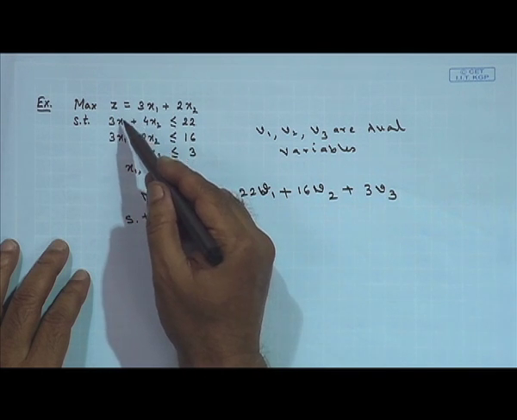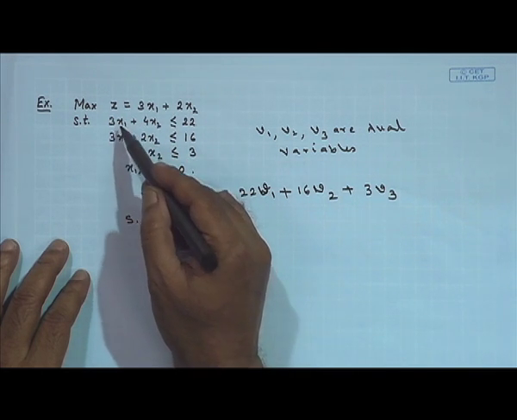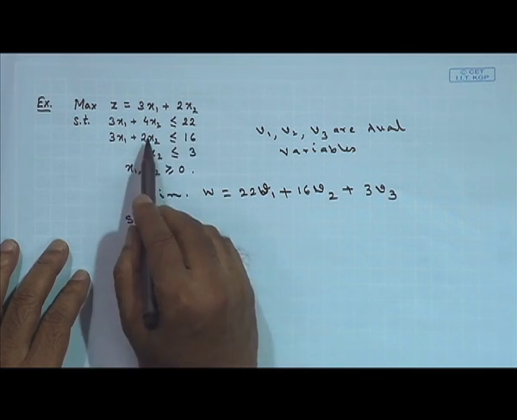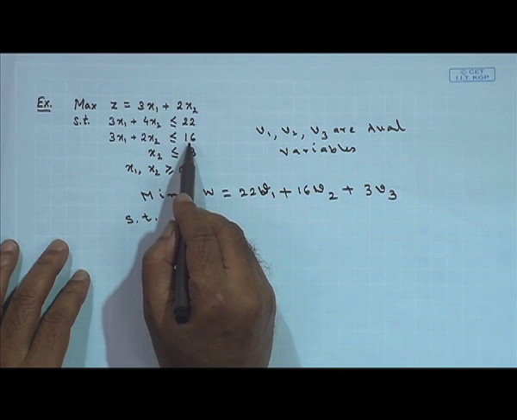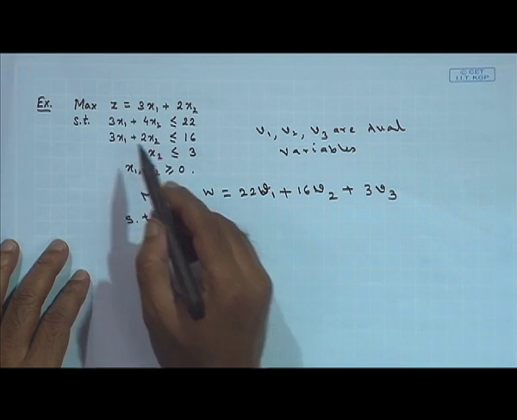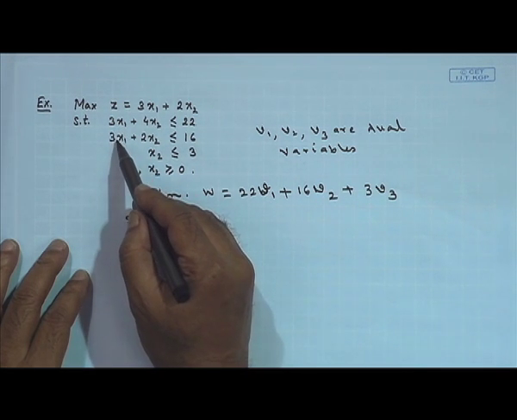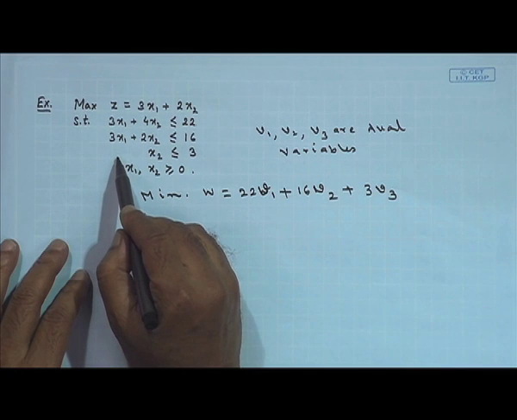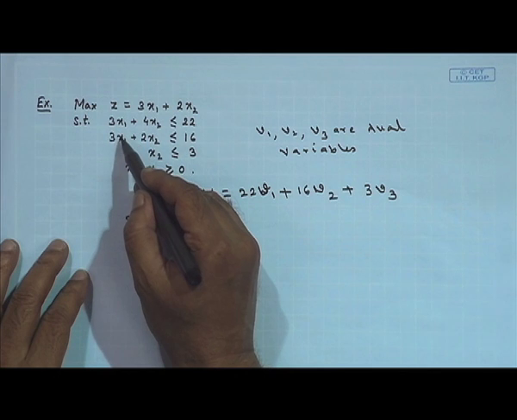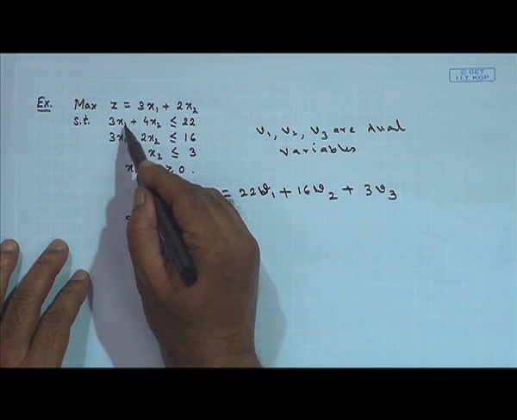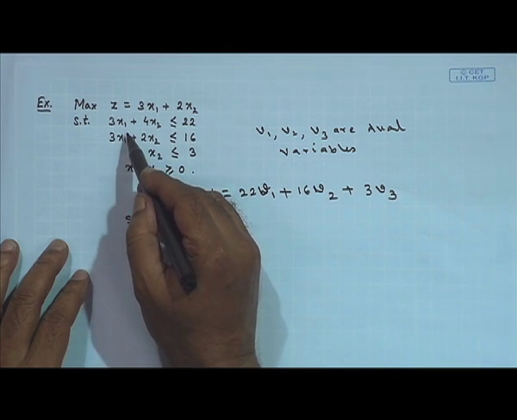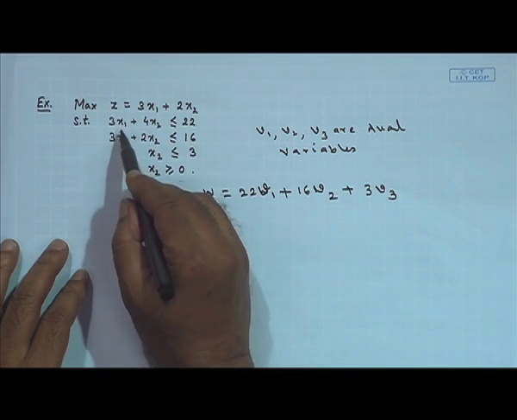I have to take these rows. The first constraint corresponds to the variable V1, the second to V2 and the third to V3. So I have to write down 3 V1 plus 3 V2, but for x1 there is nothing in the third constraint. Basically you write the coefficients of the variable x1 in each constraint and associate them with the variables V1, V2 like this.